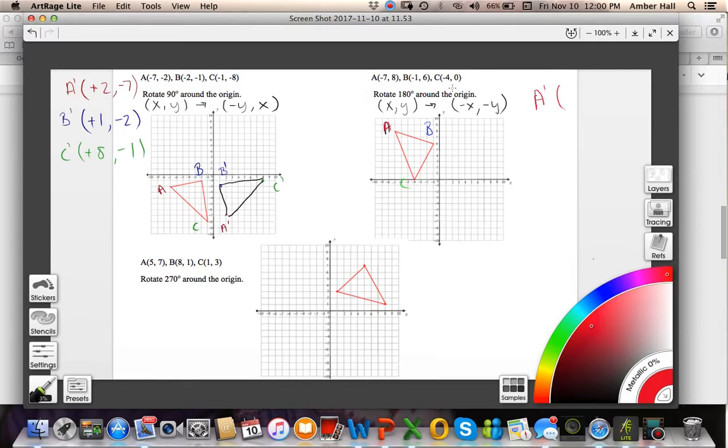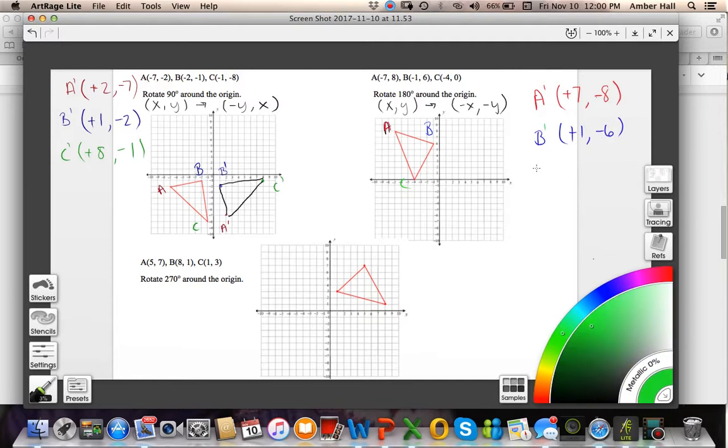A prime: the values stay in the same place, they just switch the sign. So it was -7, now it's positive, and it was +8, now it's negative. B prime, it was -1, 6, and now I change the signs, and it's +1, -6.